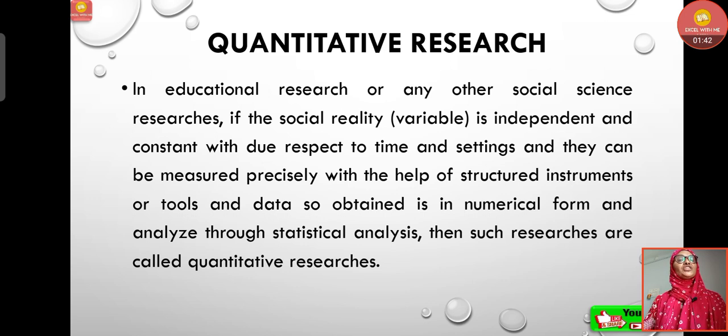In educational research or any other social science research, if the social reality, that is the variable, is independent and constant with due respect to time and settings, and it can be measured precisely with the help of structured instruments or tools, and the data so obtained is in numerical form and analyzed through statistical analysis, then such researches are called quantitative researches.